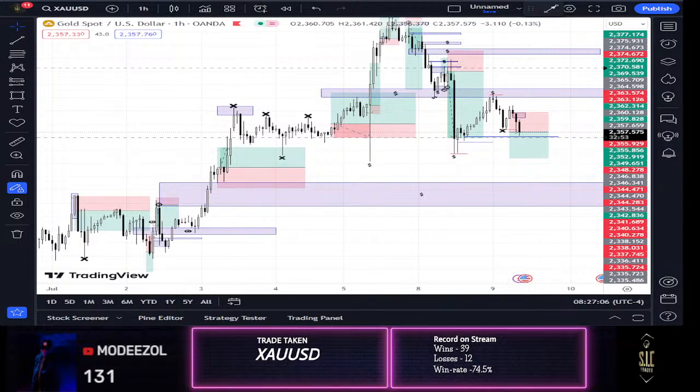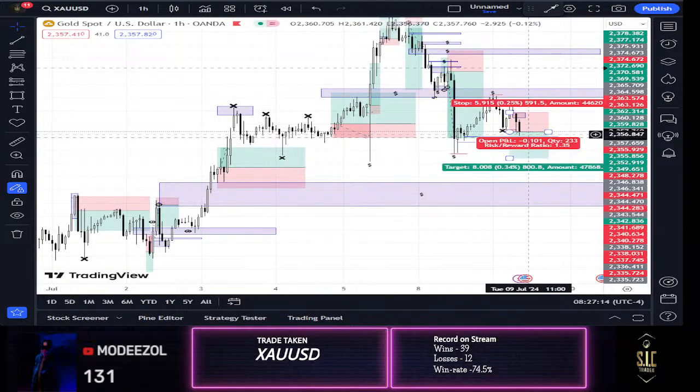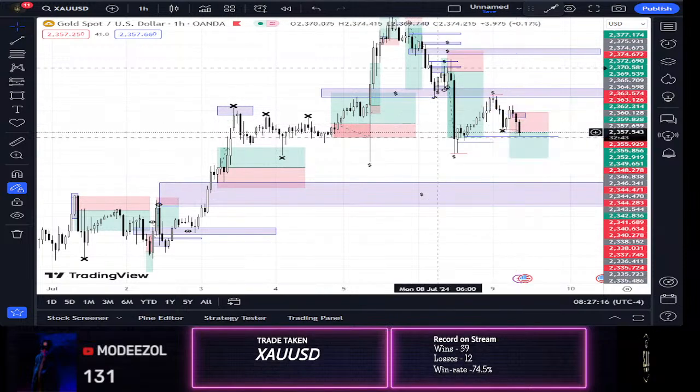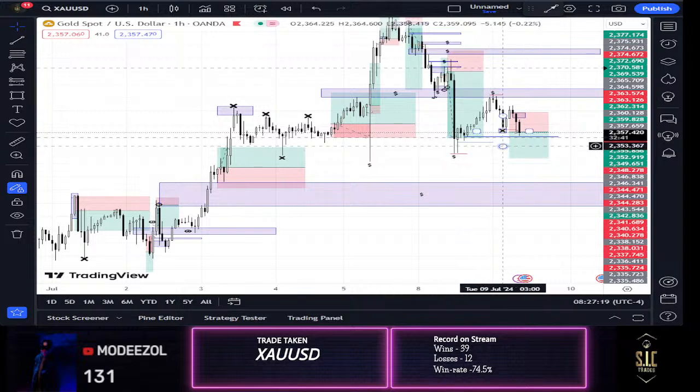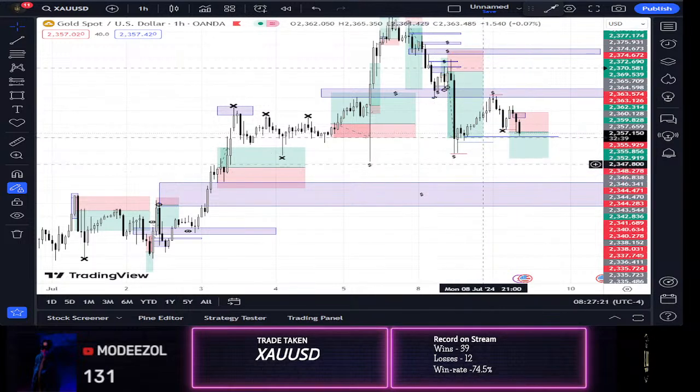Yeah, that'll work. So I'm going to take this position here, just basing it off of what I see happening on DXY, wanting to go higher. I'm assuming gold is wanting to go lower.